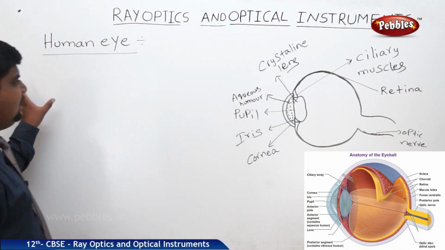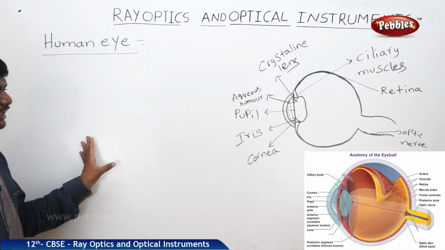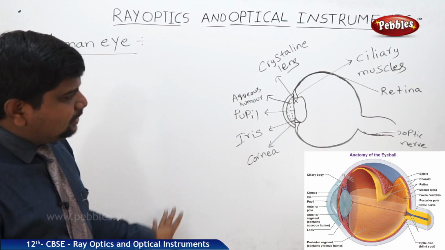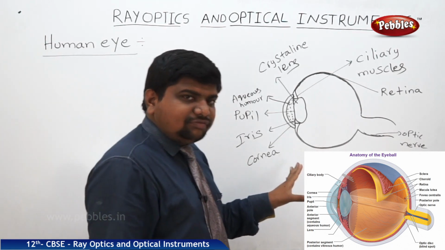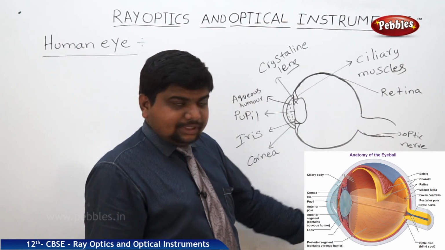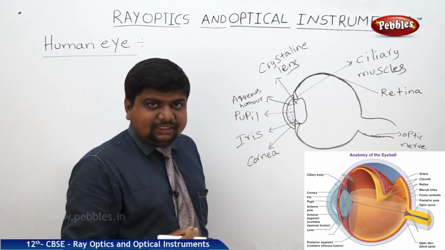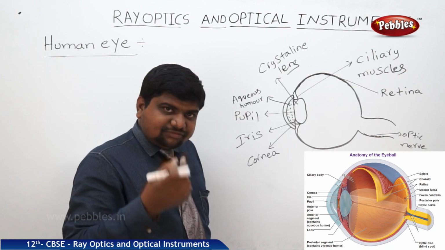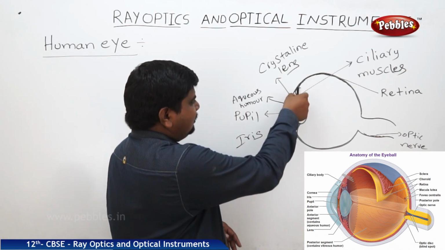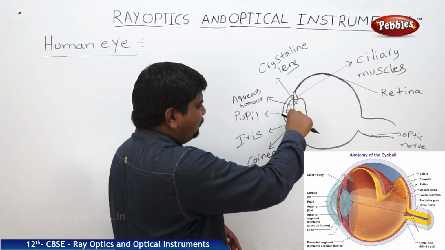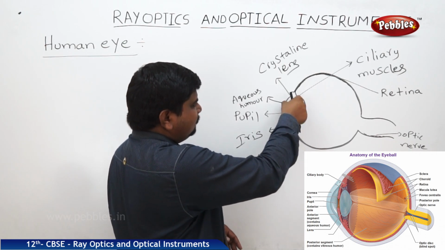Now we will see the human eye and the different parts in the human eye. The block diagram of the human eye is like this. Whenever you are watching any object, the light ray from that object first touches this curved front portion of the human eye, where my finger is.